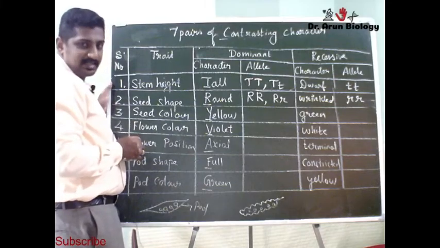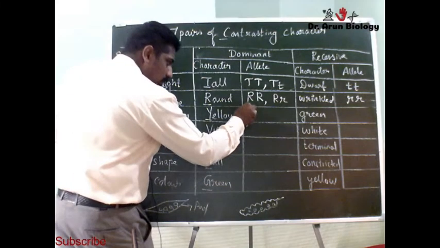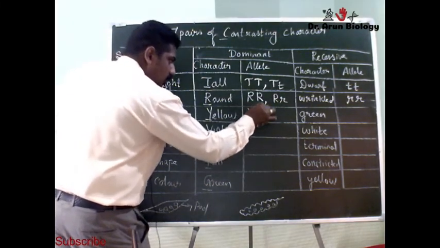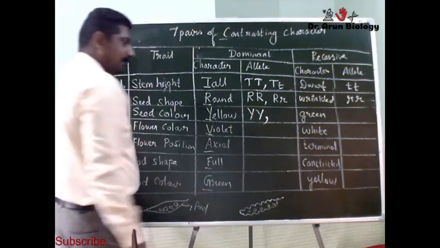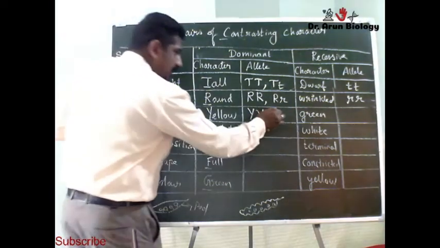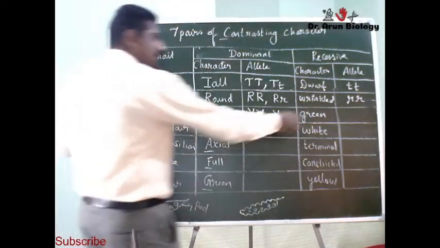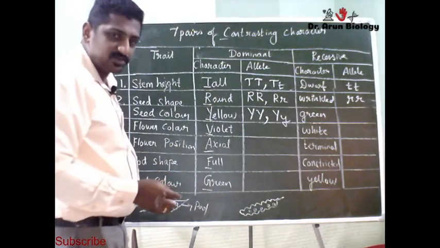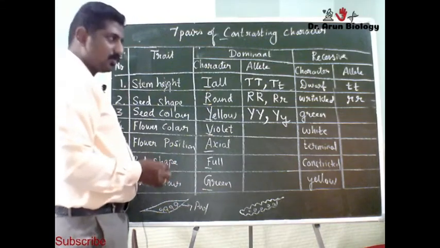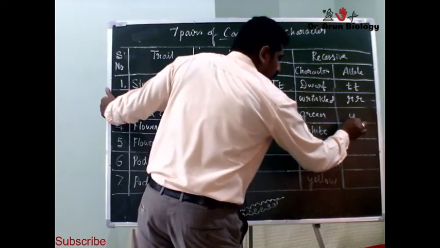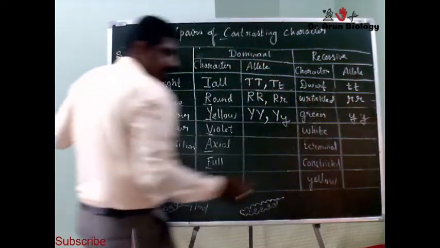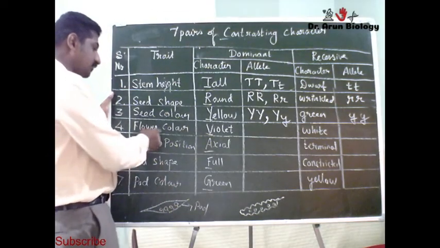Now for seed color. We have yellow, which is dominant: for homozygous, capital Y, and for heterozygous, capital Y and small y. Green is given, and I know most of the students put G. It's wrong. You should put small y, small y. Next is flower color.